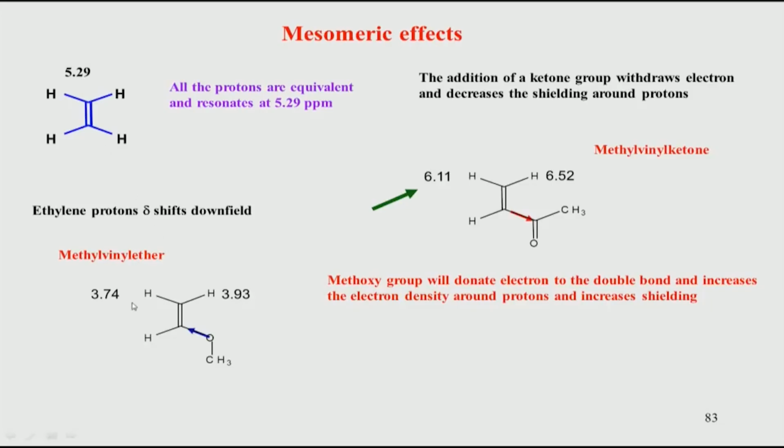So between these two systems, we can explain why these two hydrogens come upfield, because of the electron donating nature of the methoxy group, and in this case the hydrogen is downfield shifted. The 6.11 is a higher ppm value, so it is downfield shifted, and that is primarily because of the electron withdrawing effect of the ketone group.